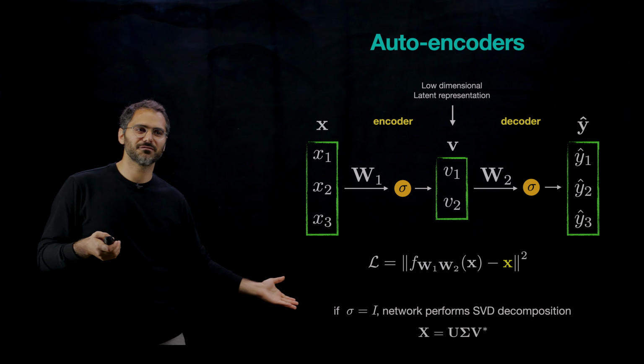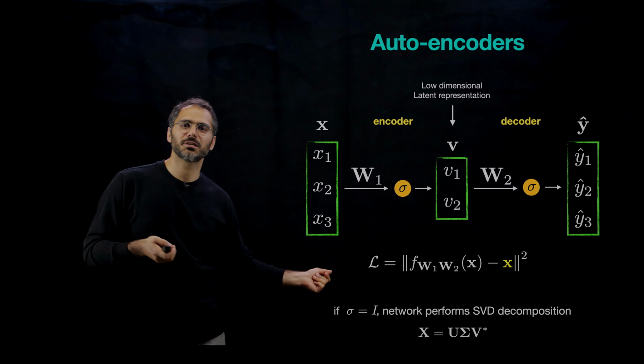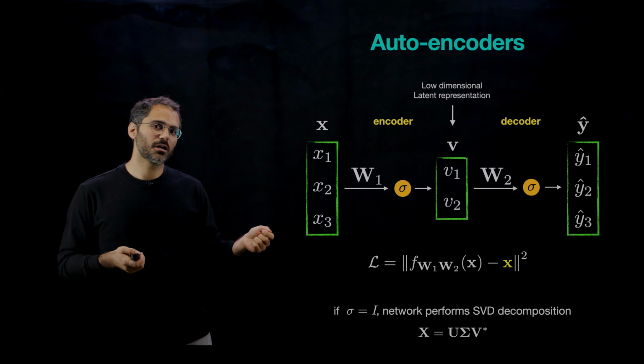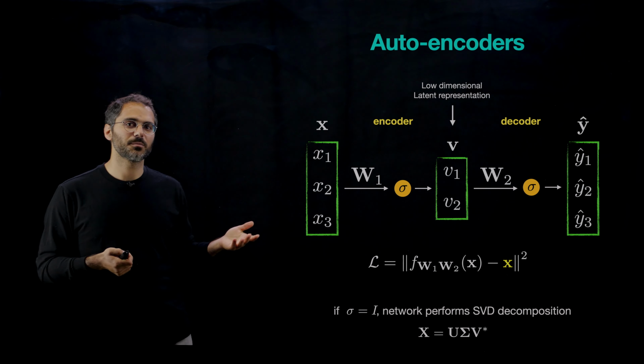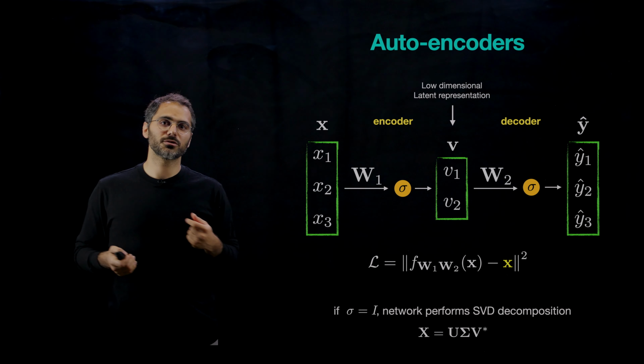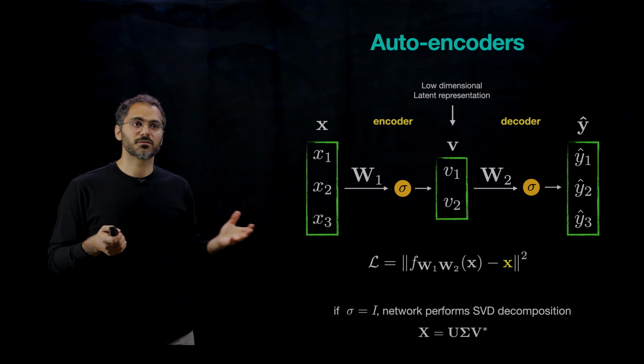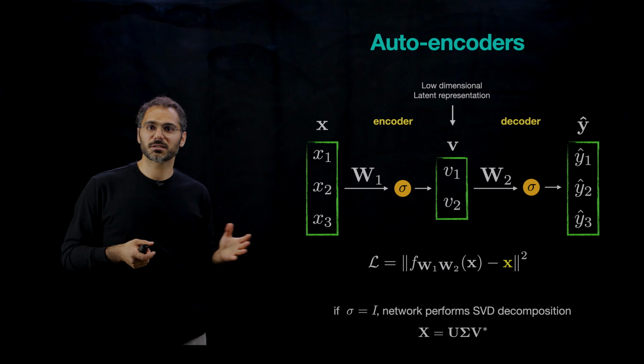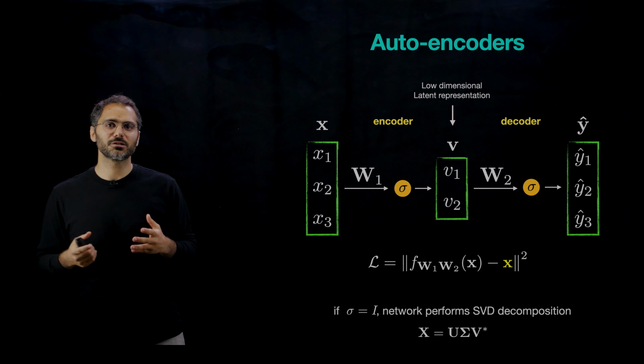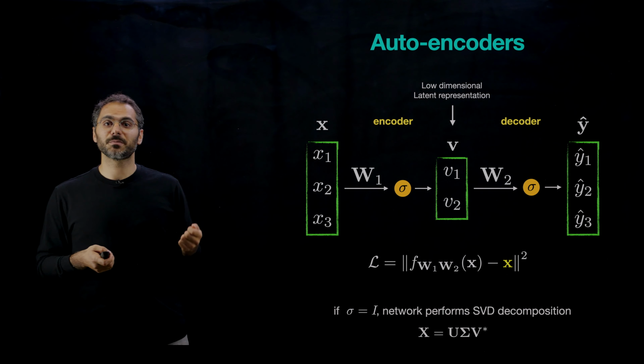And this is actually given by x equals U Sigma V star. You can look for SVD decomposition, or also similar to PCA. And PCA is similar to autoencoders, but it does this compression, projection on a lower dimensional space, in a linear fashion.